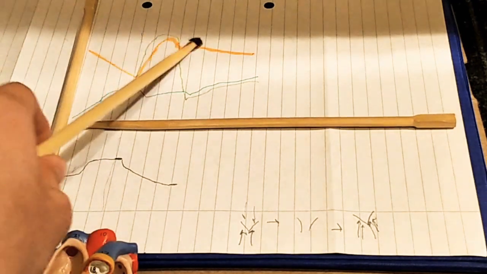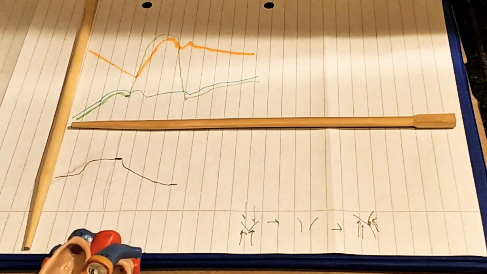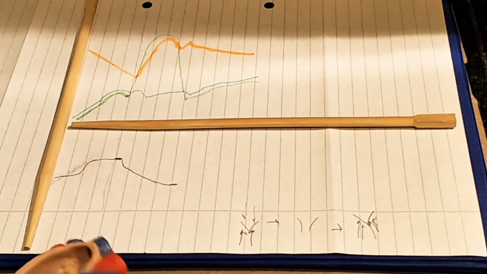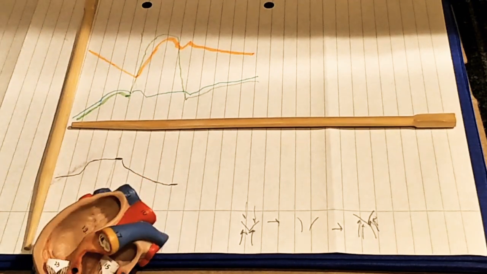At the same time, this dicrotic notch is a combination of the force caused by the elastic recoil of your aorta, and of course your blood that rebounds against the valve. So you have the semilunar valve here. Remember, the closing of the aortic valve is not caused by the backflow of the blood.